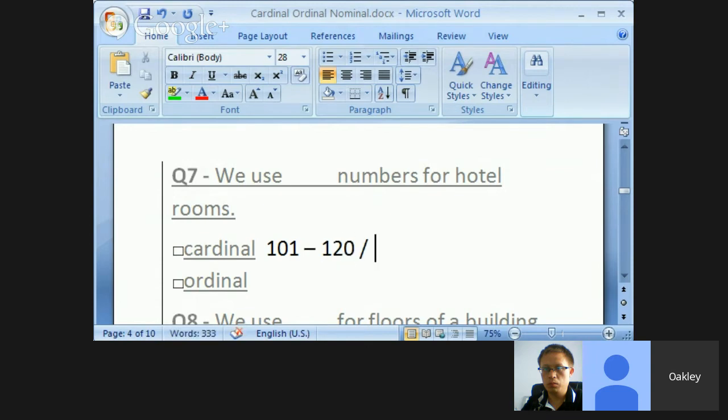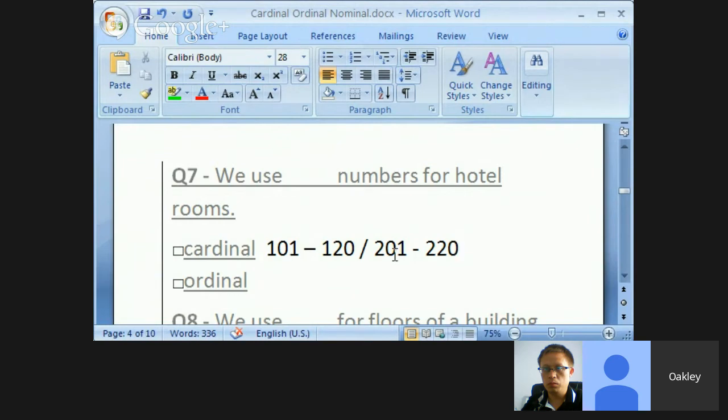And then on the second floor, you would have rooms 201 to 220, like that, right? So they're not really cardinal numbers, although they're partially named that.